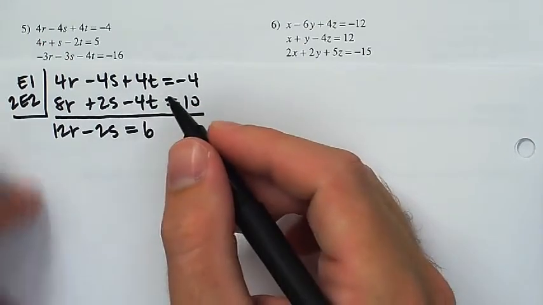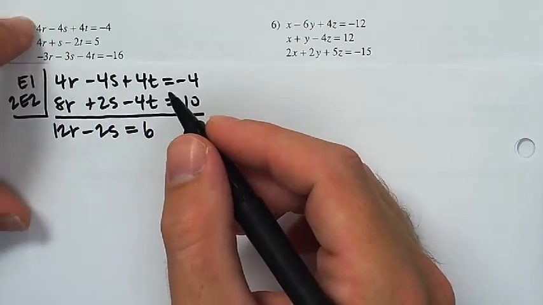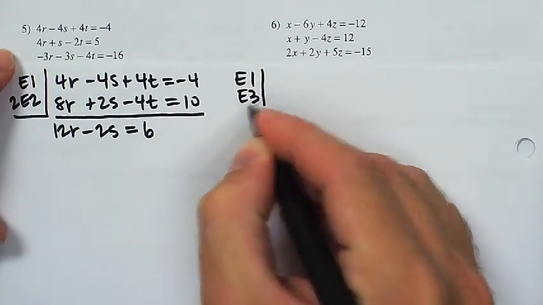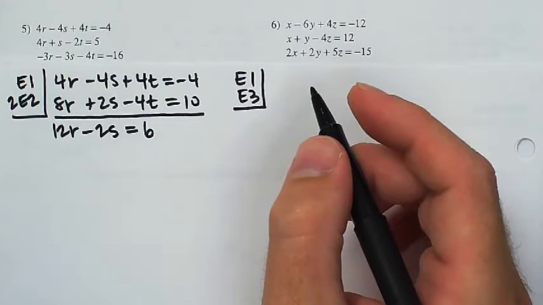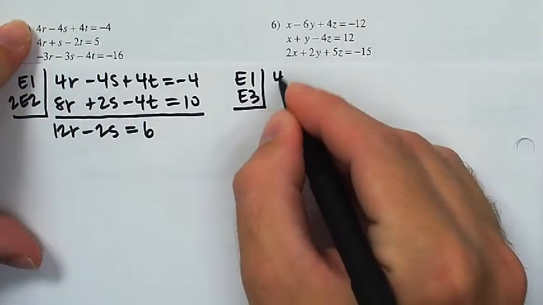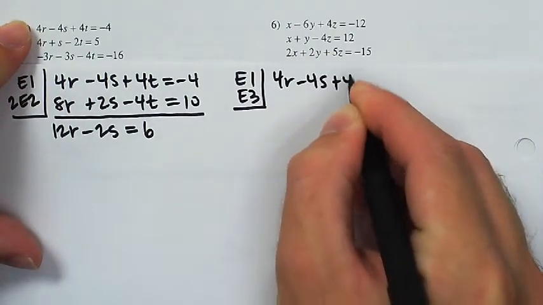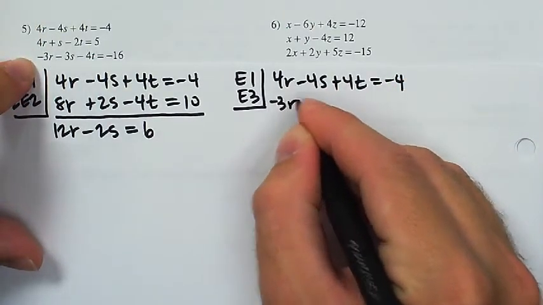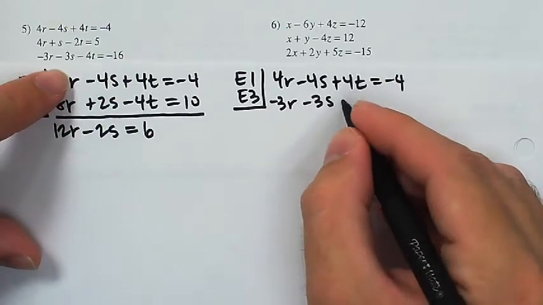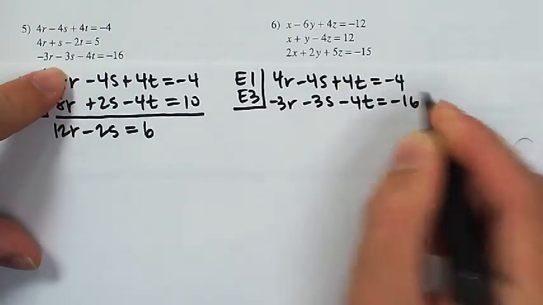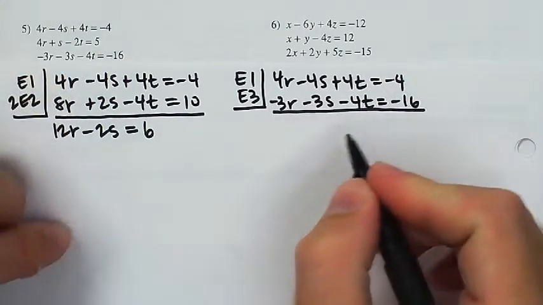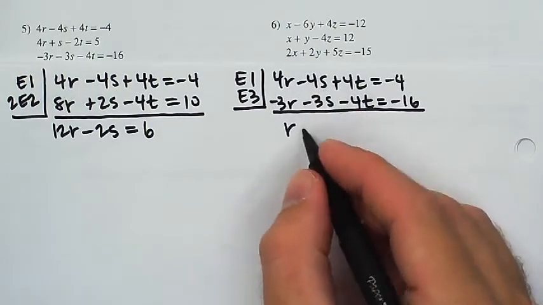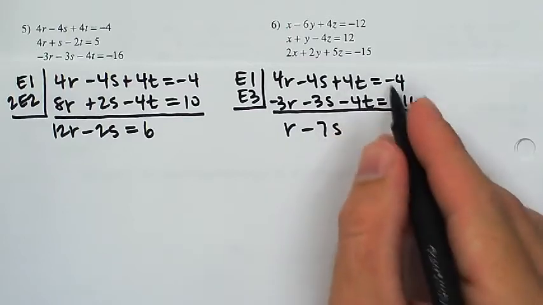And then if I was to add equation 1 plus equation 3, that would give me, all together, 1r minus 7s, no t's, equaling negative 20.